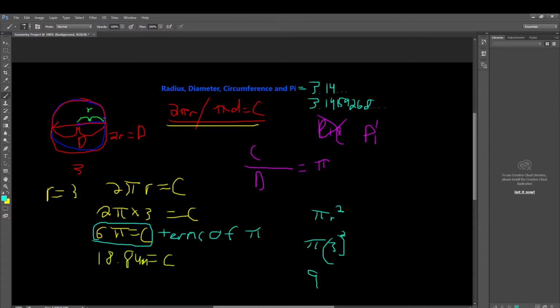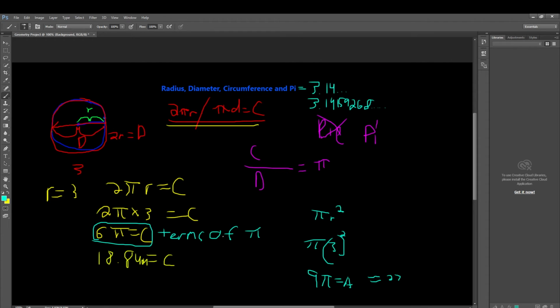So now we get 9 pi is equal to the area. Of course, you just get a calculator, you punch that in, and boom, you have the area. Let's just say it'll be somewhere around 27. I can't give an exact number. It'll be between 28 and 29. So that is how the area can be found.